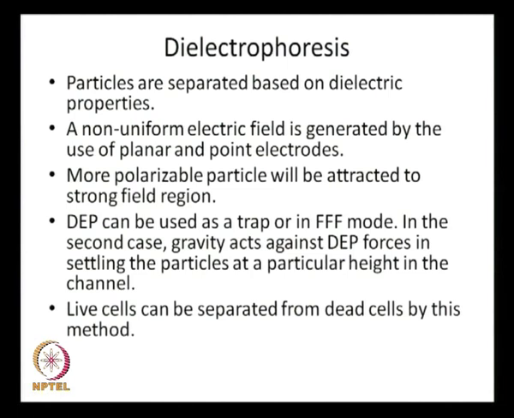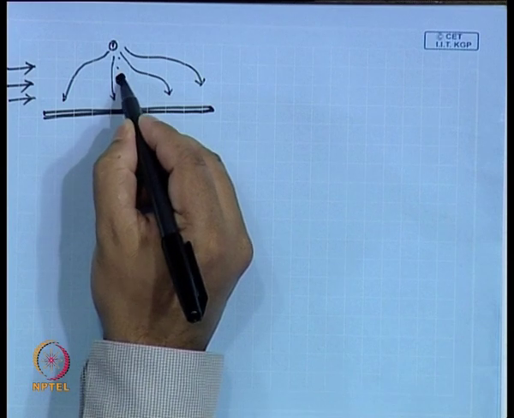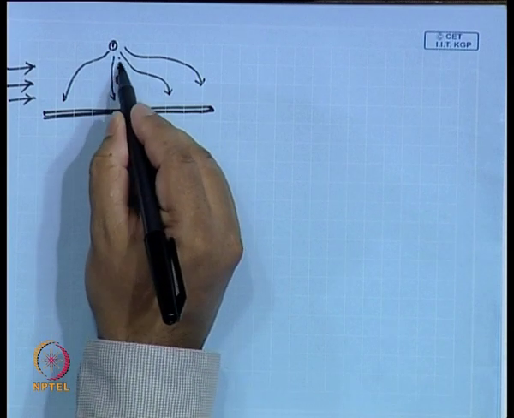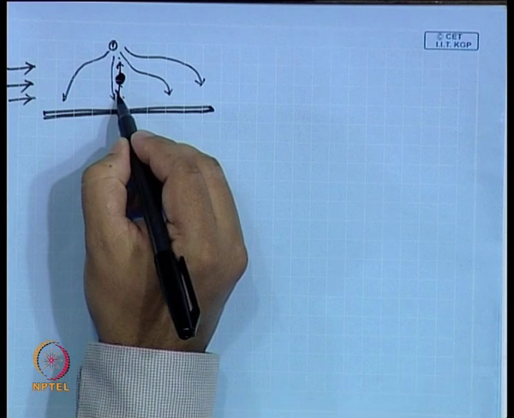So, in the second case, gravity acts against DEP forces in settling the particles at a particular height in the channel. In the second case, that means in the case with field flow fractionation mode, if this is the particle, there would be a DEP force and then there would be a gravity force acting.